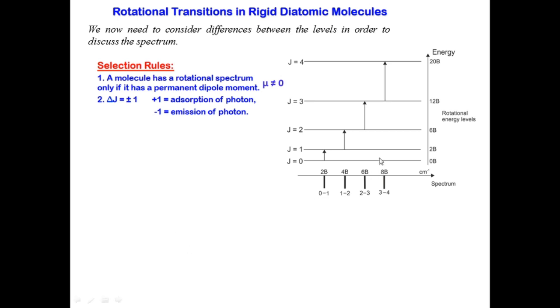And those kinds of transitions are allowed, not the transition from 0 to 2 or 2 to 4. These kinds of transitions are forbidden. That is called a selection rule. So in order to discuss the rotational spectrum, we have to find the difference between these energy levels.